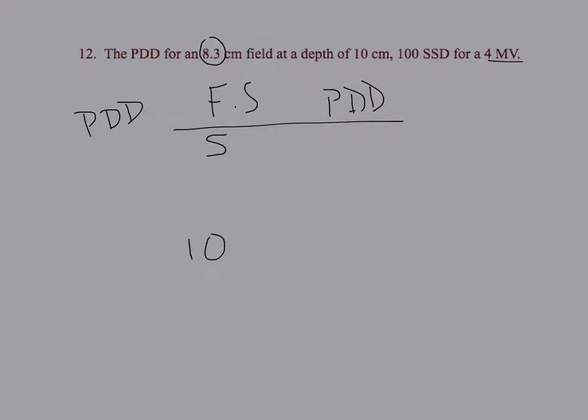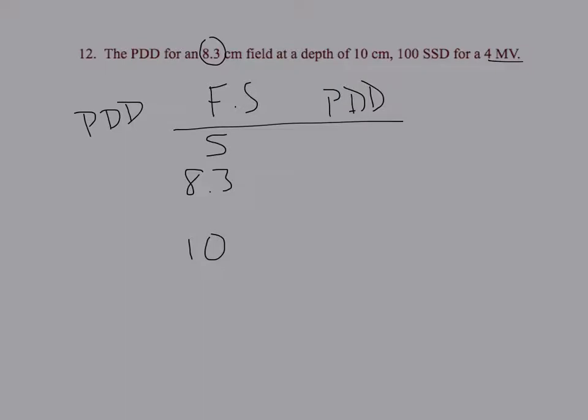I could easily go into my tables for percentage depth dose, and I can see for a 4 MV beam, it offers me percentage depth dose for field sizes of 5 by 5 or 10 by 10, but nothing for 8. So this is where we need to do interpolation.